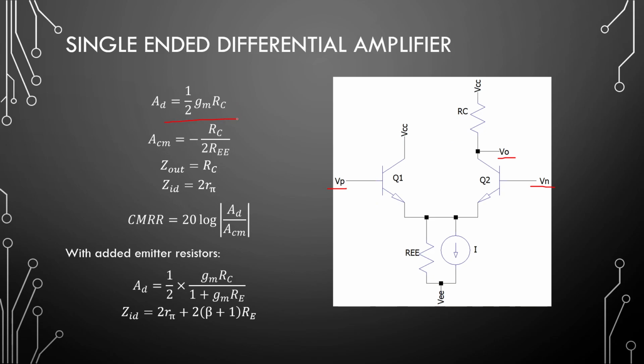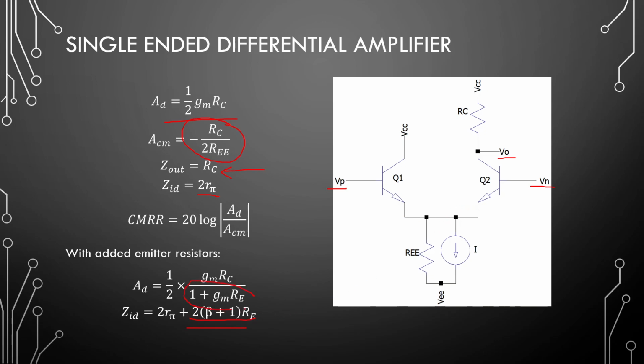Our gain will be half. Our common mode will be dependent on our emitter resistance down here, and our output impedance will be 1 times RC when looking in. Our input impedance will still be 2R pi, and note that we have the same kind of increase when we add emitter resistors.